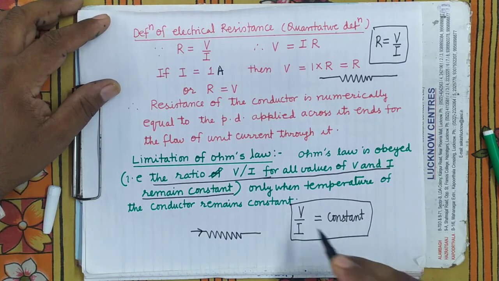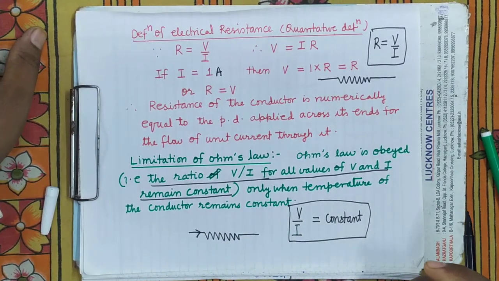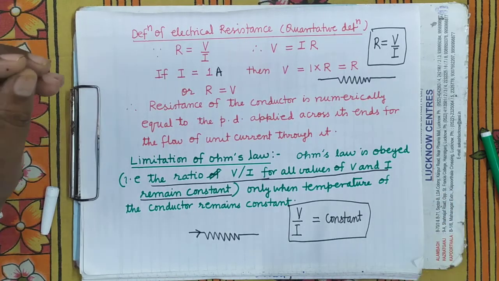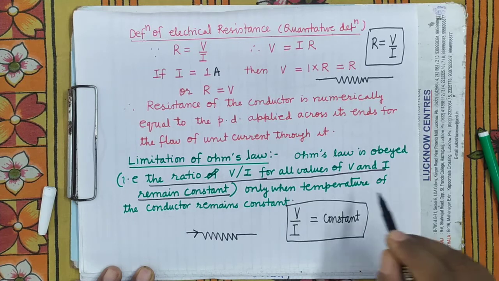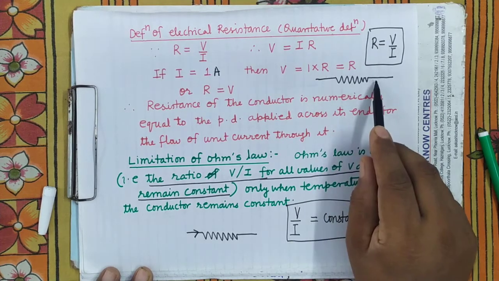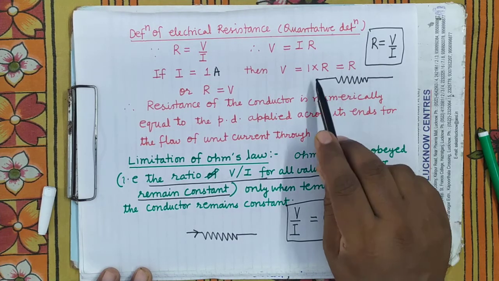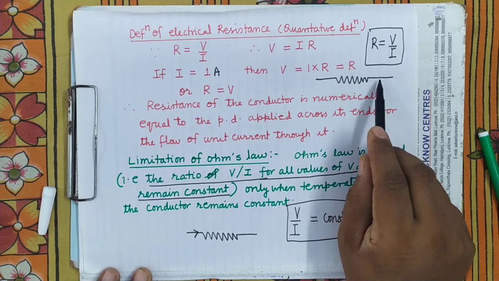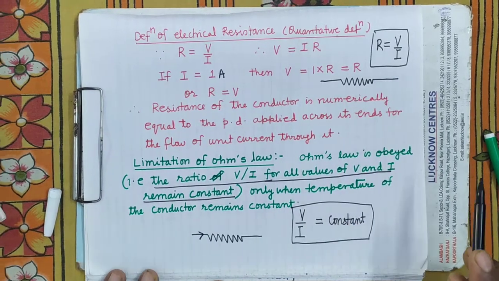But it is found that V upon I does not remain constant, though it is largely followed in the metallic conductor. In the metallic conductor, this relationship holds up to a moderate range of temperature, because as you know, when current flows through this, due to its resistance, heat energy is liberated, so its temperature will change.